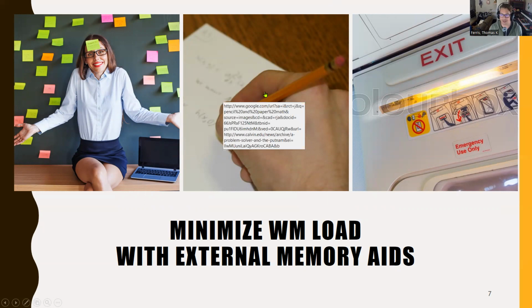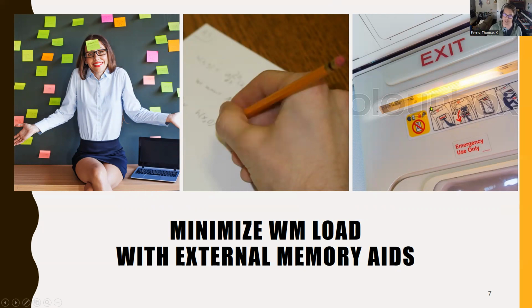Taking notes, like I said, is an external memory aid. You can take notes in your phone. You can record yourself speaking. These are all ways to remember something without having to take precious brain memory space. Put up signage for the steps that are necessary, as opposed to having to train everybody and expect them to remember this in an emergency context.